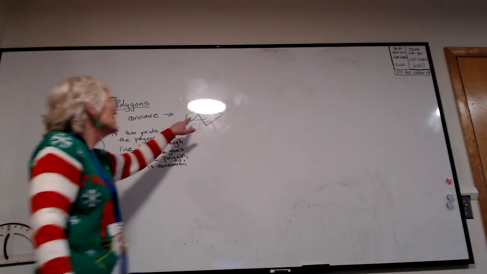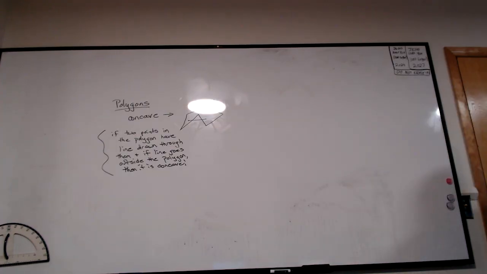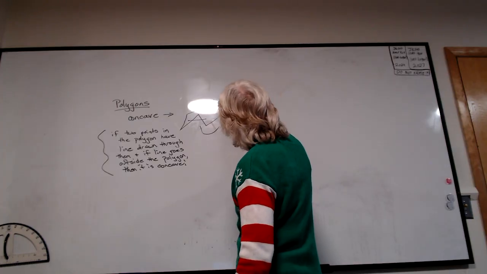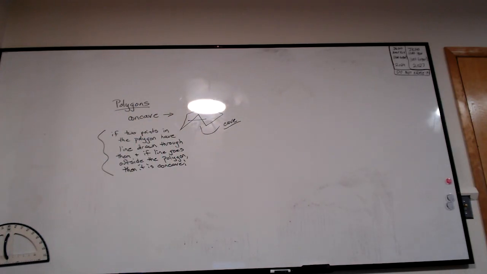Lots of words to just really show you if there's some side that looks like it's caved in on itself, that's a concave polygon, okay? So I always remember it just by, oh, it looks like there's a cave here, and that tells me that there's a concave polygon.